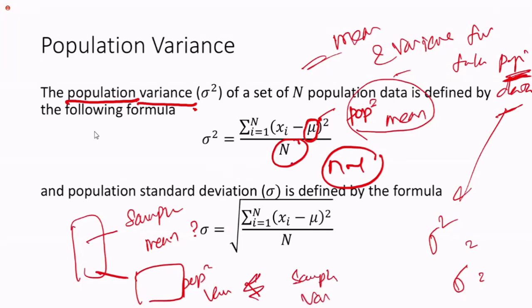Because in sample variance we had n minus 1, but here in population variance we have capital N. Therefore, definitely the population variance will be different from the sample variance. Is that clear, guys?